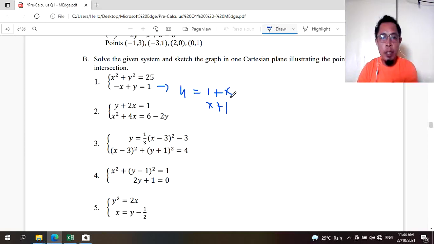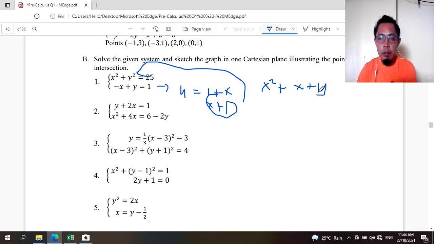Then after that, this one is to be substituted for y. So we substitute it. We have here now x squared plus x plus 1 squared, since we already changed the y value to x plus 1, equals 25.